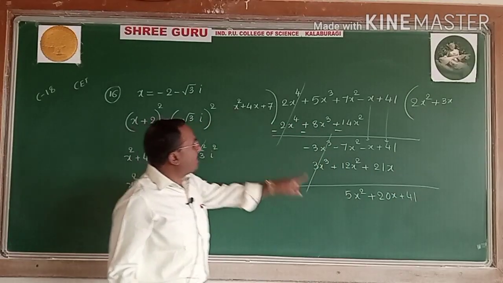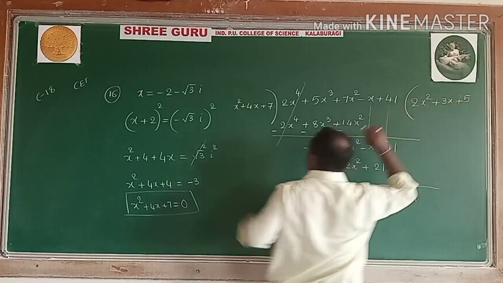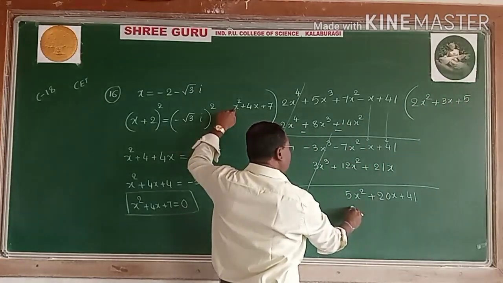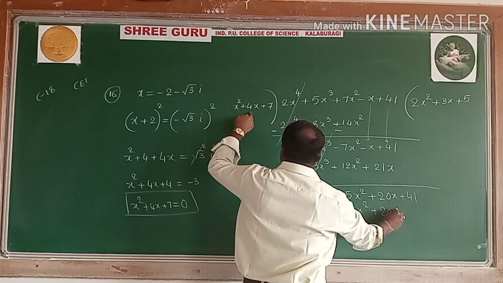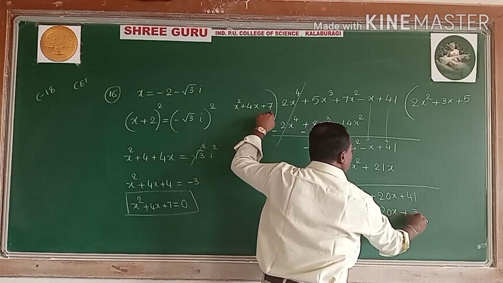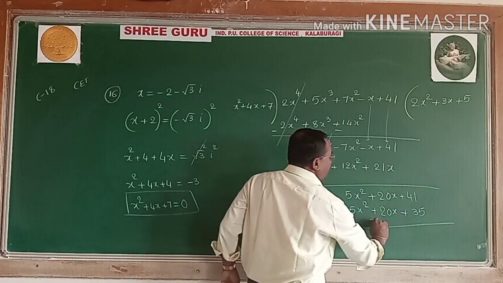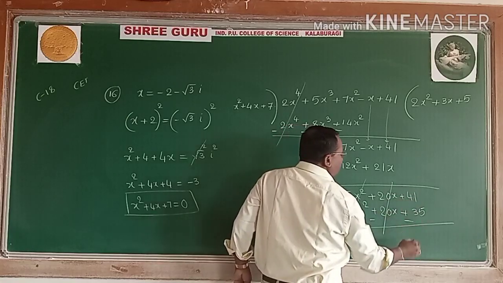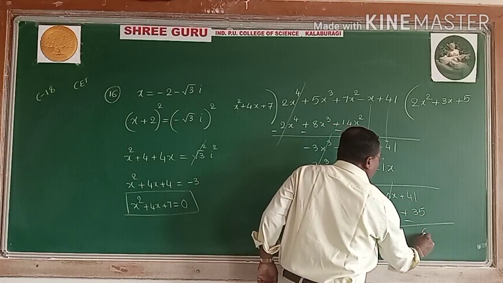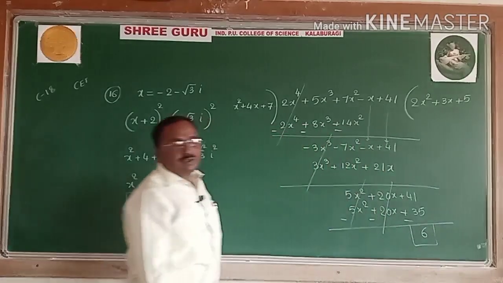Here, x square times 5 gives 5x square plus 20x plus 35. Here the remainder is, minus, they get cancelled. 41 minus 35 is 6. That 6 is the value.